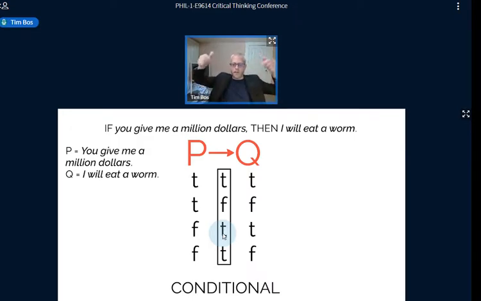Those represent all the different coin flips, the way two different coins can land. Two different statements can be true or false together. That's always going to be the same. And then each of the operators will just have a slightly different line to indicate the truth of the whole statement. Worst comes to worst, simply memorize it. It's better if you understand how it works.